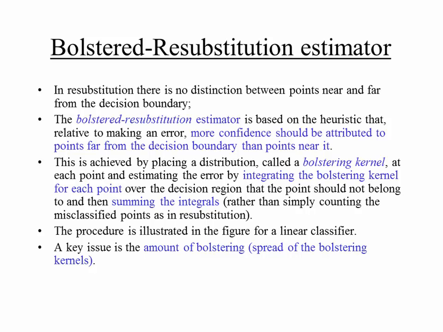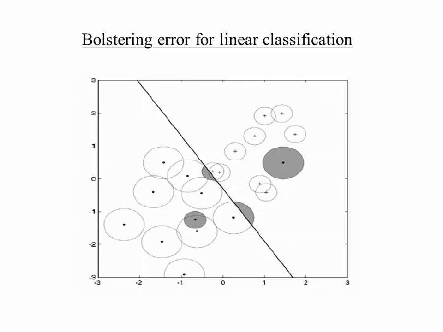Okay, now the last topic in the context of error estimation is what is called the bolstered resubstitution estimator, where what you're trying to do is that, see, if points that lie close to the decision boundary, there is a possibility of misclassification over there, right? Like this point, let's say it lies in the correct region, in the correct class, but it is a lot closer to this boundary, okay?